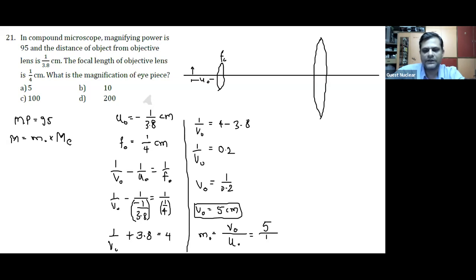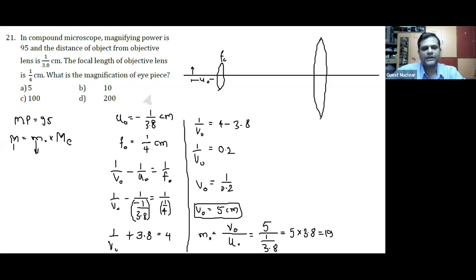Okay, so it will be 1 upon 3.8 and इसको अगर ऊपर लेके जाएंगे तो हमको यहाँ पे 5 into 3.8 तो मतलब वो कितना बन जाएगा एक्चुअली, तो 19 बन जाएगा, 19. ओके, so it will become 19 in this way. 19 is actually going to be the magnification produced by the objective, which can be put here.